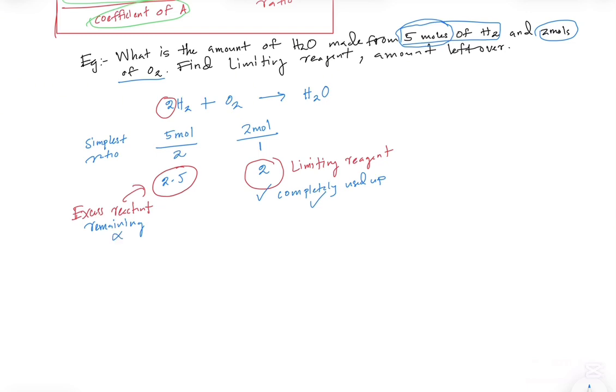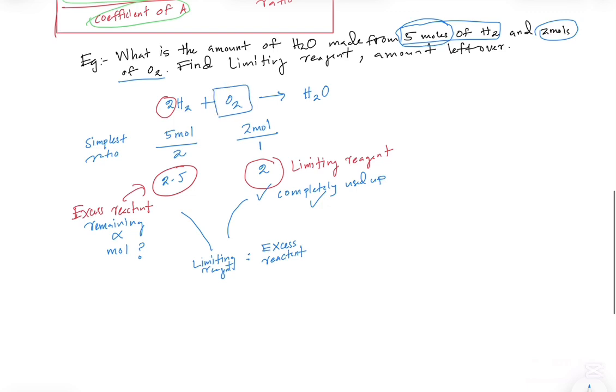Now to find how many moles are remaining, we have to take the ratios, that is, the ratio of the limiting reagent to the ratio of the excess reagent. Limiting reagent is oxygen and excess reactant is hydrogen.